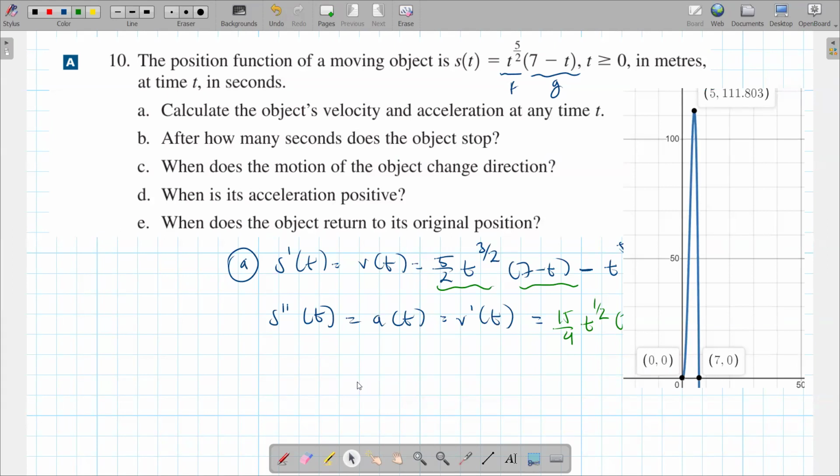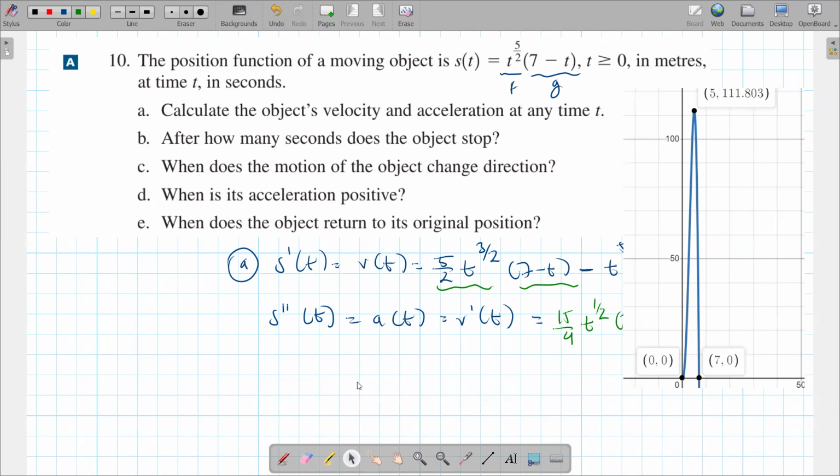When is the velocity 0? When time is 5. Done. Part C, when does the motion of the object change direction? After 5 seconds. Done.